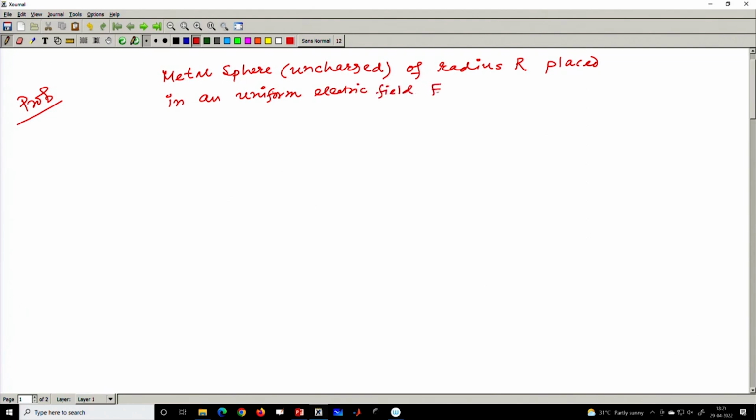Say this uniform electric field is E, which is constant, and along the z direction, k. So the question is, what is the potential outside the sphere?